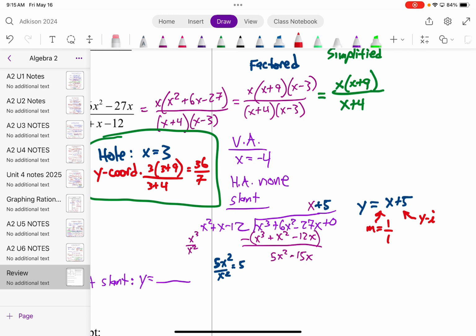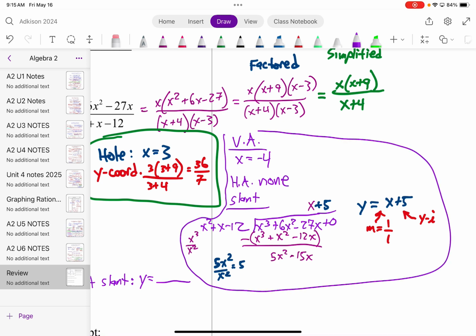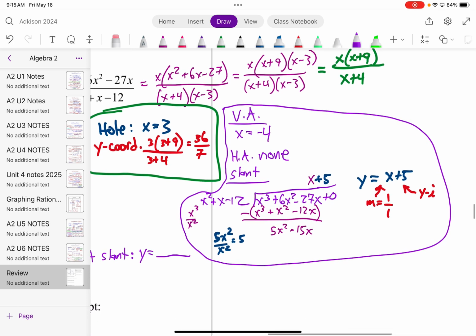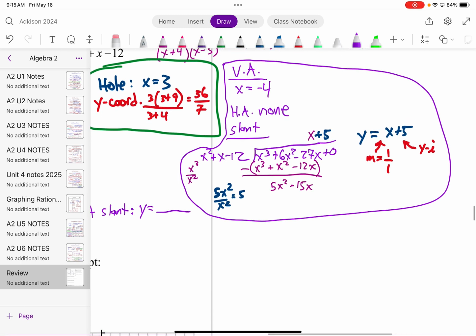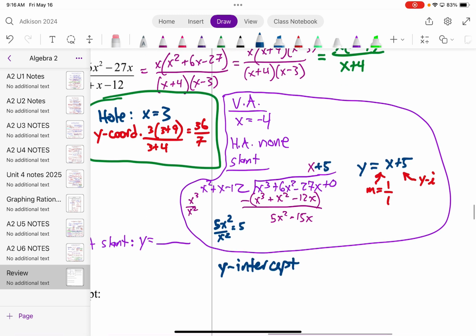Okay, what's next? Intercepts. What do you do to find the y-intercept? Set all x equal to 0.